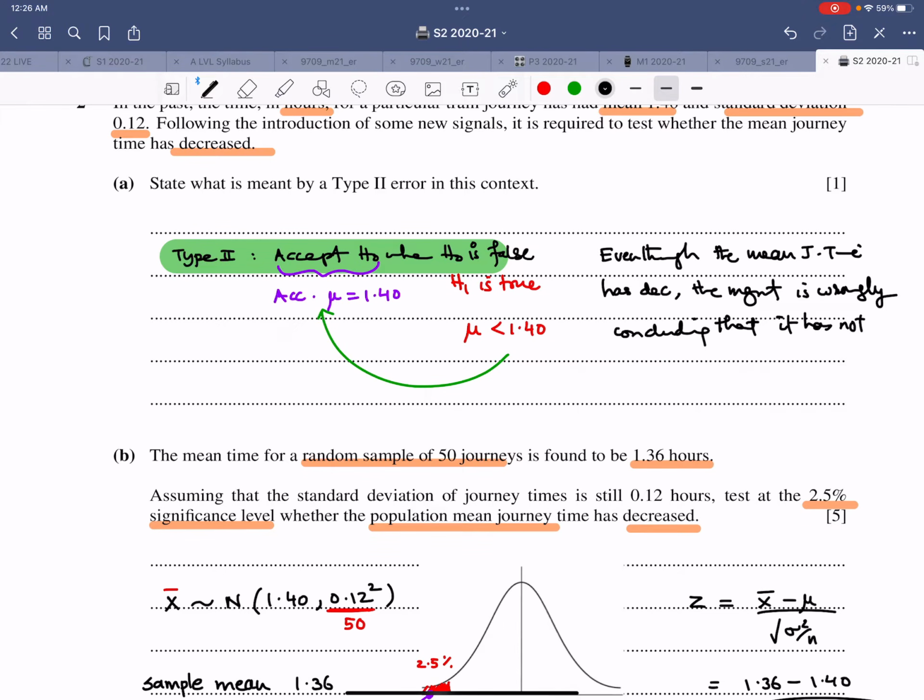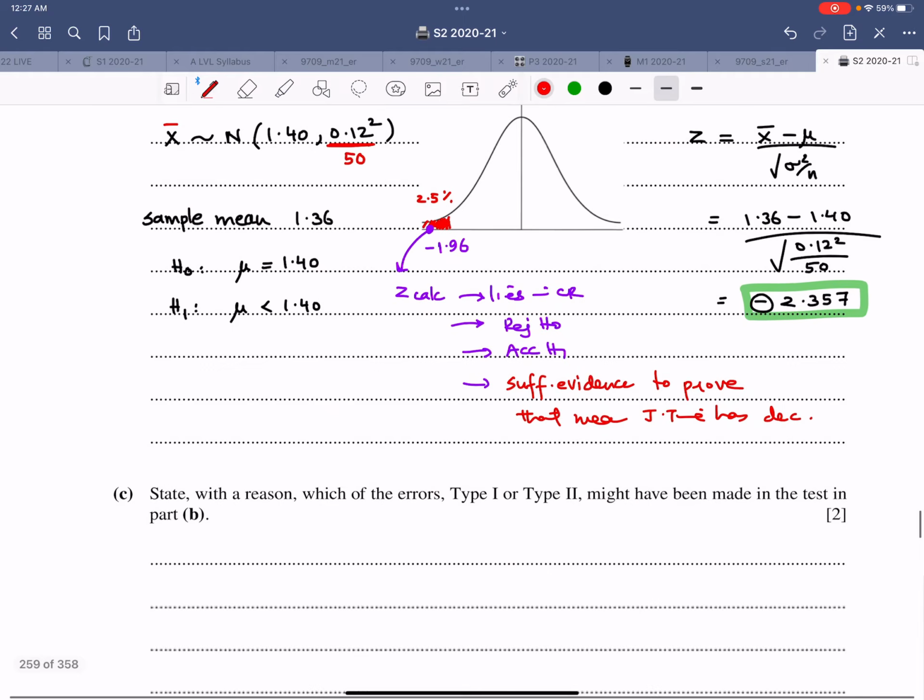Or you would say that those signals had no effect. This is for the last part. So this is what I'm underlining, concluding that it has not. So basically this is what I'm writing. So now this is how you do the first one.